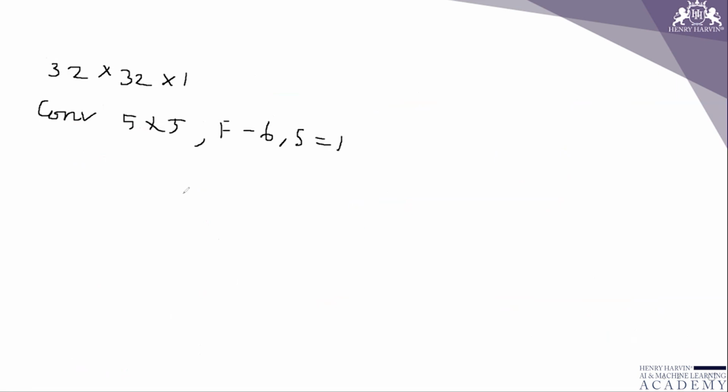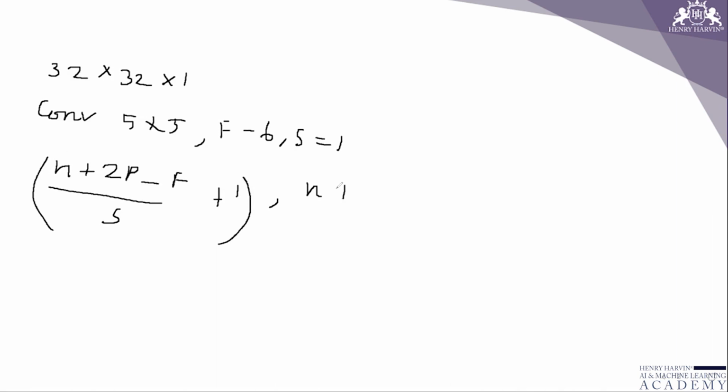Now let us find this out. What is the formula that we have seen? (N plus 2p minus f) divided by s, plus 1. The next one is also (n plus 2p minus f) divided by s plus 1. Let us try to understand this now.